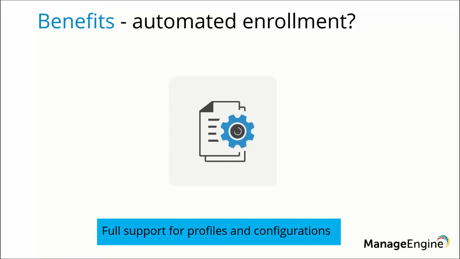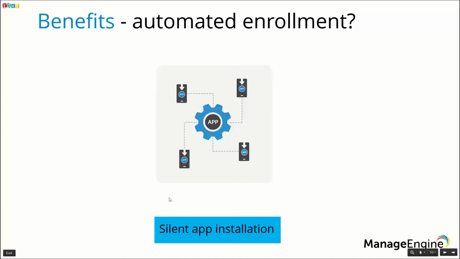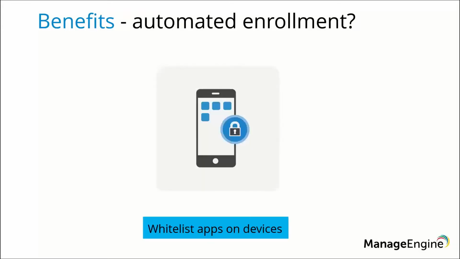But when it comes to automated enrollment methods or administrated mode of enrollment, you get access to full support of profile and configuration, through which you can lock any settings on the devices. And you can also silently distribute apps to the device without even the user's intervention. So you can silently deploy corporate apps to your devices, and you can whitelist applications.